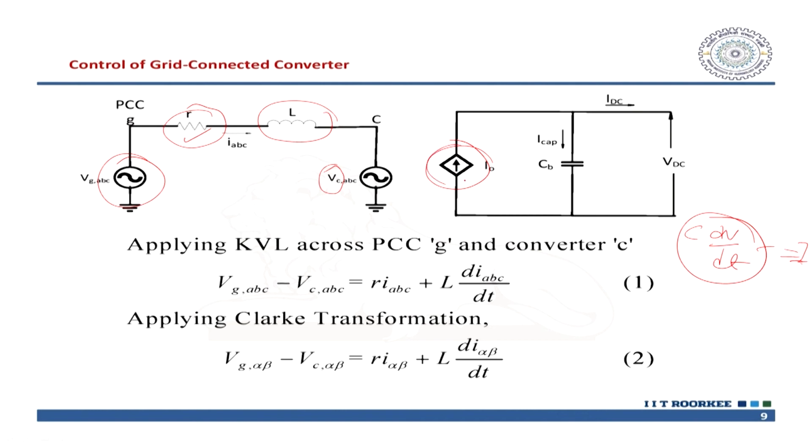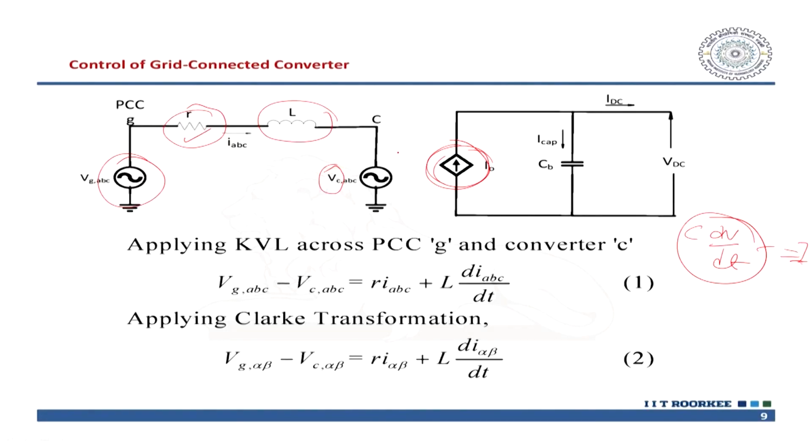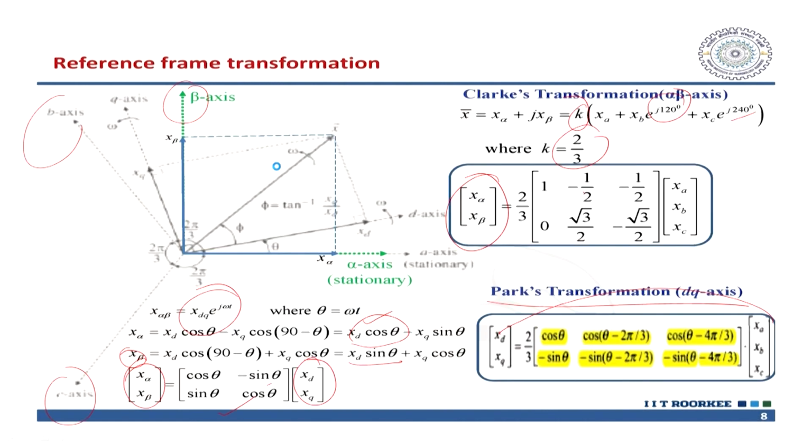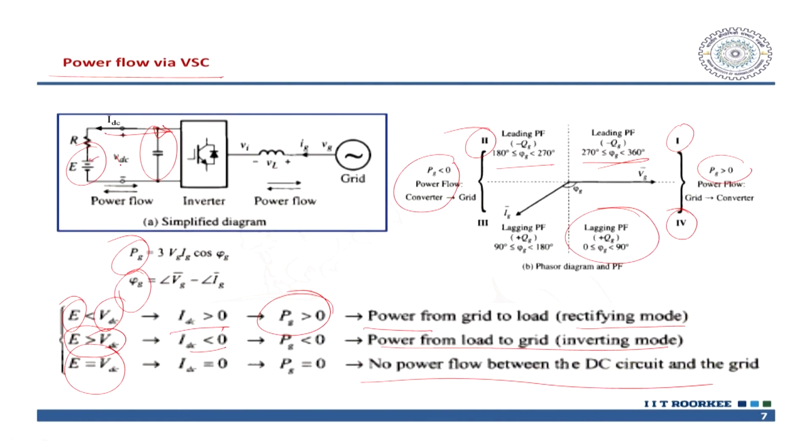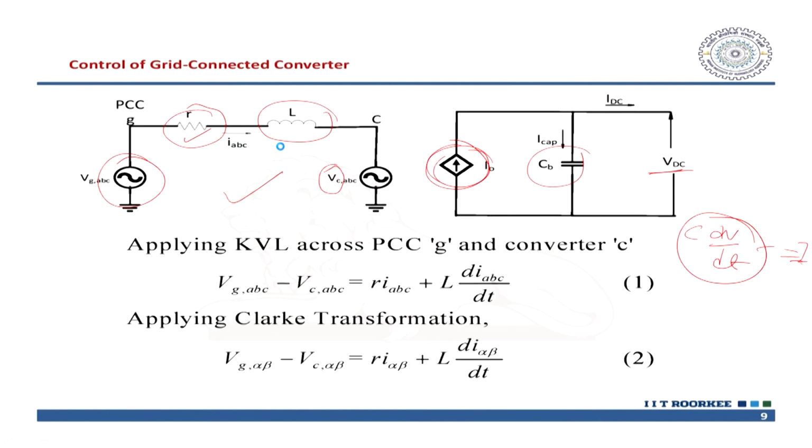Solar is also the same thing. For this reason we have put it as a dependent current source and capacitor, thereafter you get IDC. So, if you combine these two parts, this is the AC part, and this is the DC part. We have just replaced it like this.